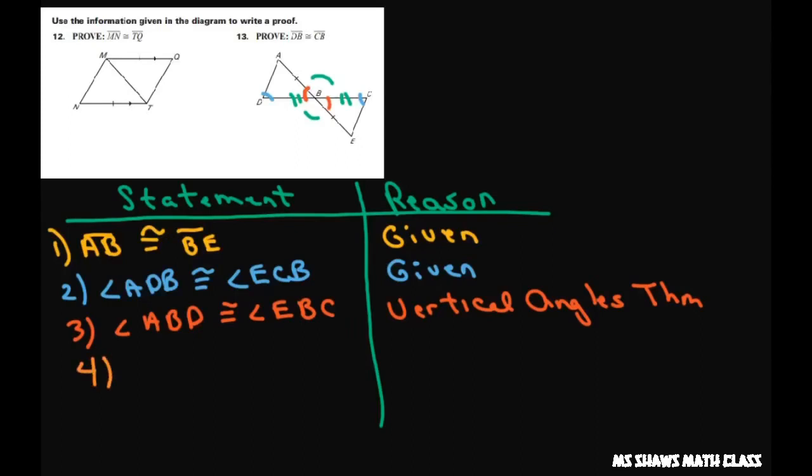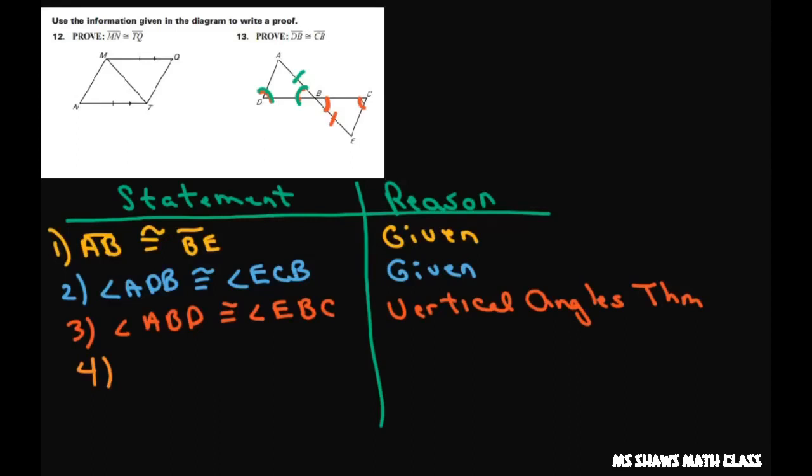Let's see if we can prove the triangles now. What we have here, again, is an angle here, an angle here, and we have this right here. So let me erase everything so we know exactly what we have. We have this angle and this angle, so we have angle, angle, side.